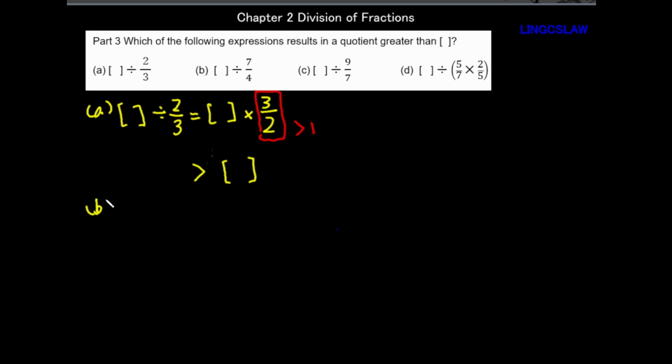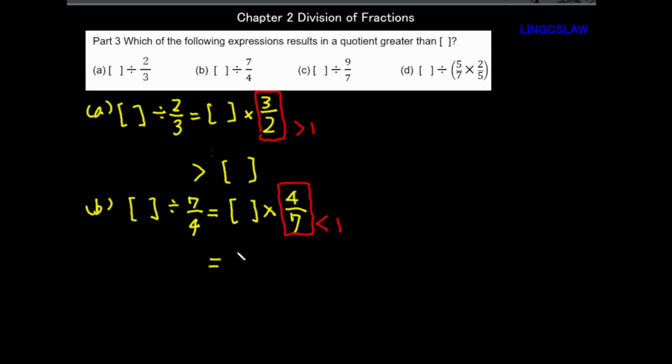B. Something divided by 7 over 4 is something times 4 over 7, and 4 over 7 is less than 1. So the quotient will be smaller than the original number.